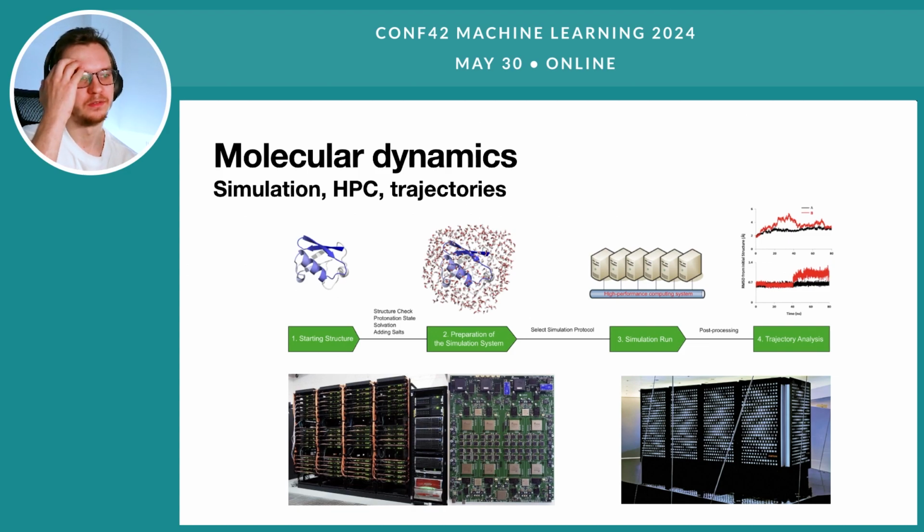So those methods usually use some really expensive hardware, such as supercomputers, but they also have benefits, such as trajectory analysis can be performed on the whole simulation, so you can know the dynamic behavior of a protein in some cases.